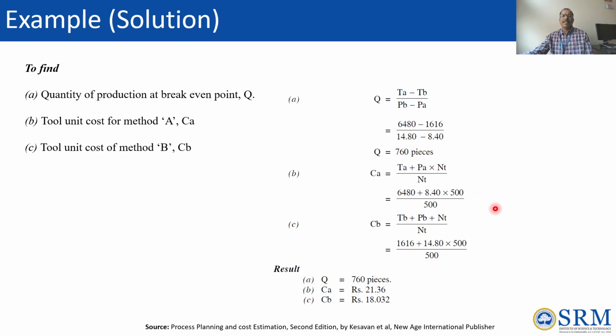By calculating this, we can get CA for process A and CB for process B. With that we can choose which method is better at the break-even quantity.